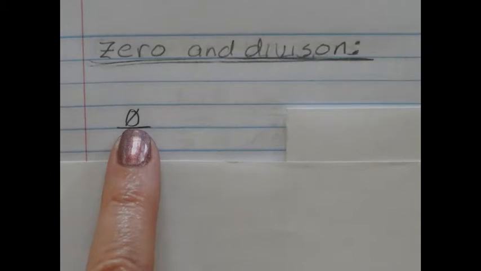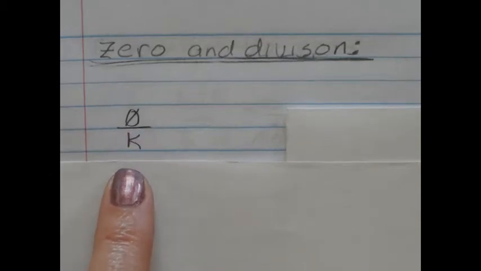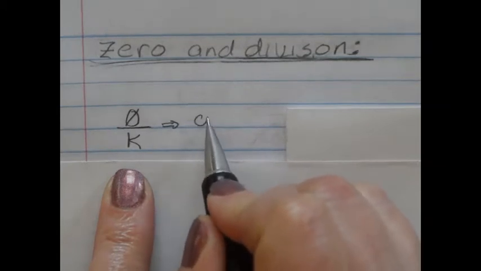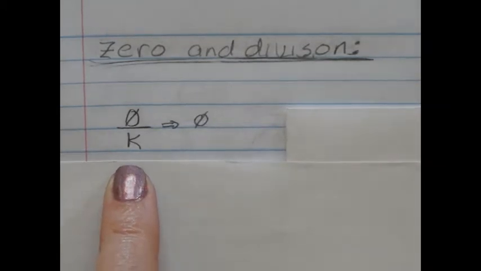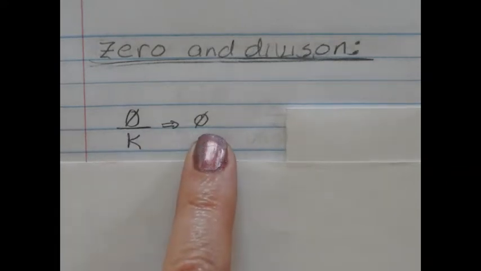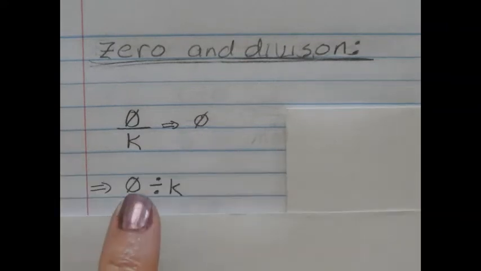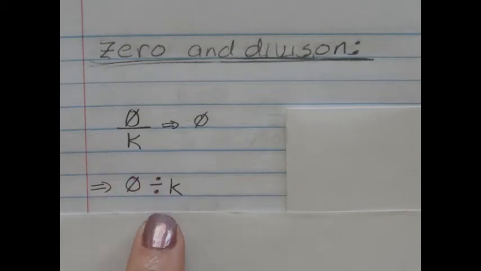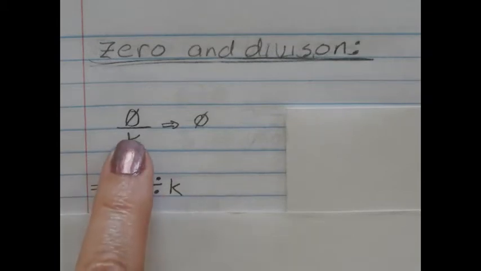When you see it as 0 over k, our answer is going to be 0. It is okay for 0 to be on top. It is okay for 0 to be in the numerator. Therefore, your answer is 0. When you take a fraction and you turn it into a division problem, you get 0.